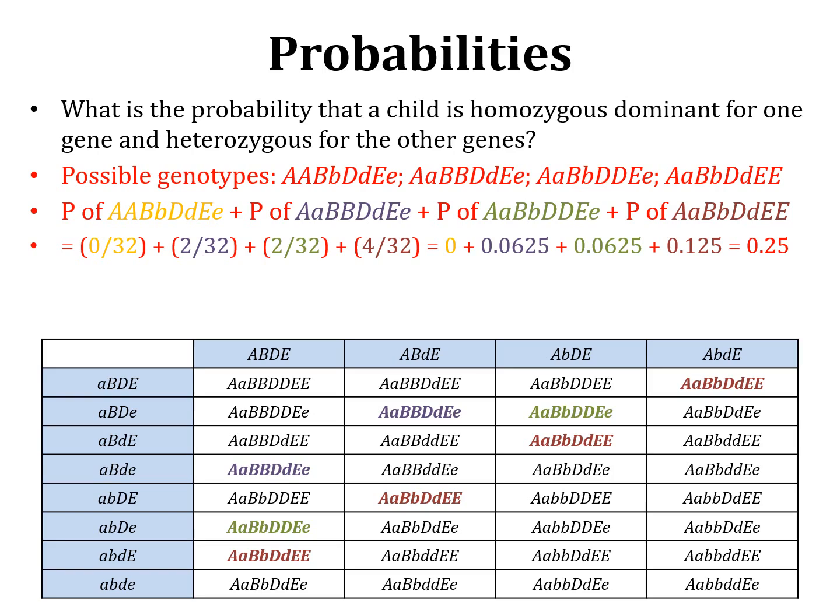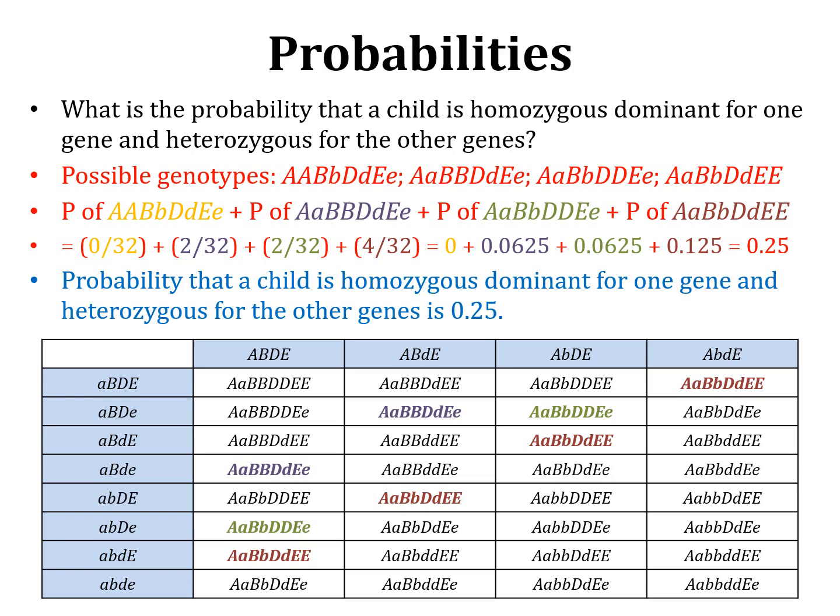And then there are 2 individuals who are homozygous dominant for the D gene and heterozygous for A, B, and E. And for the fourth one, we have 4 individuals who are homozygous dominant for the E gene and heterozygous for A, B, and D. And these are their respective individual probabilities: 0 plus 0.0625 plus 0.0625 plus 0.125, and their sum is 0.25. So the answer to this question, the probability that a child is homozygous dominant for one gene and heterozygous for the other genes, is 0.25. So this is our answer.